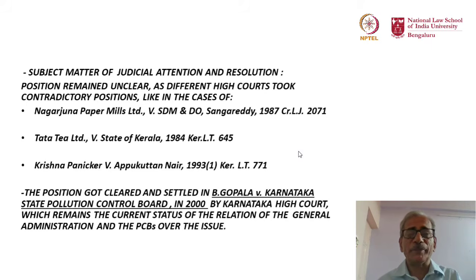I am summing up the facts of these cases under one head for our convenience. It's a familiar instance of somebody releasing polluting substances into a stream of water, a riverine stream. In all these cases, it is an industry which is doing this mischief. An industry is releasing untreated effluents into a riverine system, and that is creating a lot of problems for the people nearby.